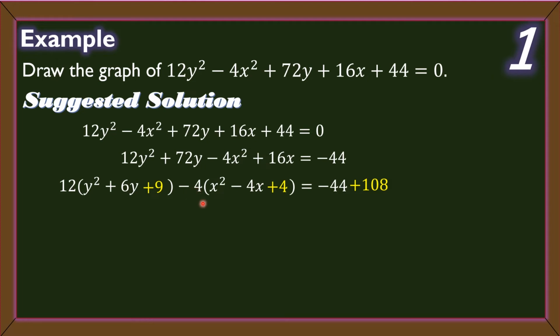Because −4 times 4 is −16, we will also subtract 16 from the right-hand side of the equation. This time, we're going to simplify the equation so that we will have 12 times (y² + 6y + 9) and (x² − 4x + 4). We have (y + 3)² and (x − 2)², respectively.